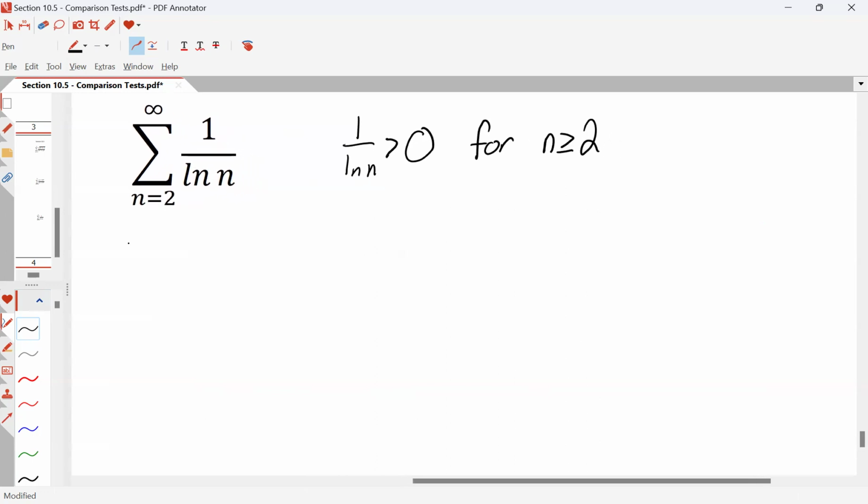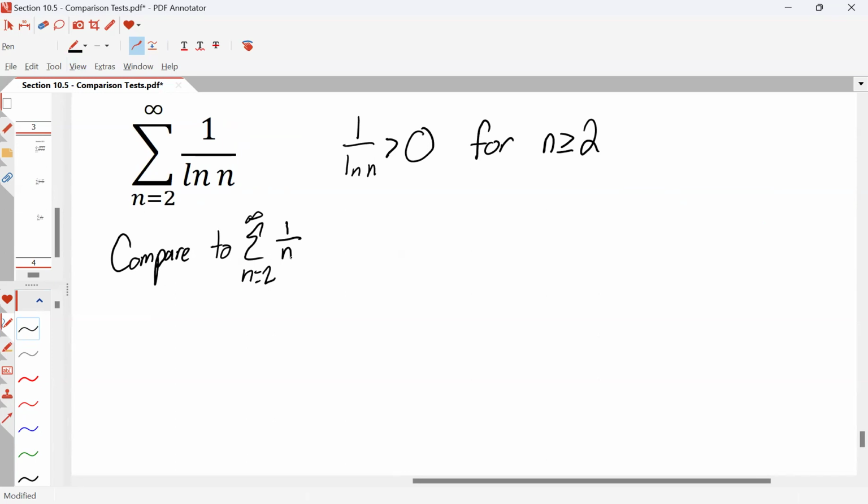So now we can find what we want to compare to. We want to compare to some series that is like 1 over the natural log of n. If we squint a little, that would be 1 over n, because we're looking for a p series we know about. And the natural log of n isn't staying fixed, it is growing.